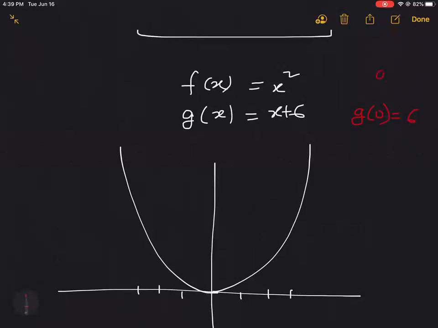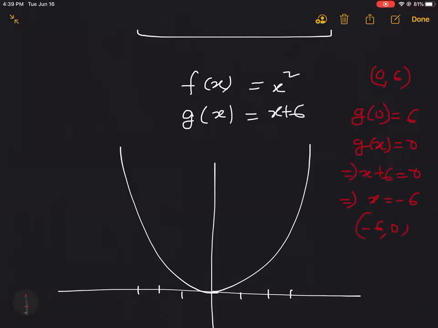So our y-intercept is (0, 6). If I plug in y equals 0, that means g of x equals 0, I get the x-intercept, which is -6. So our x-intercept is (-6, 0).